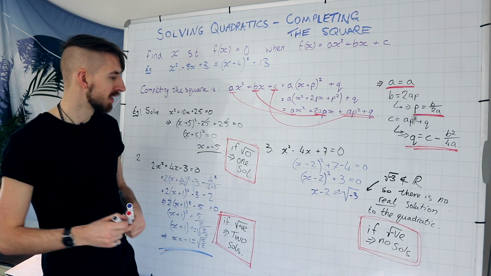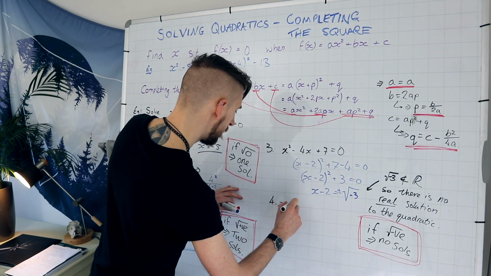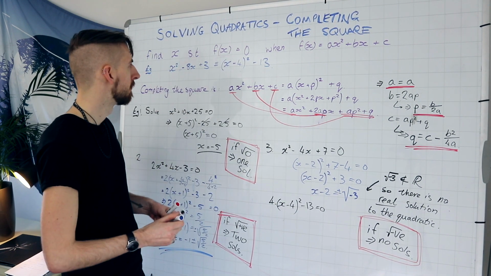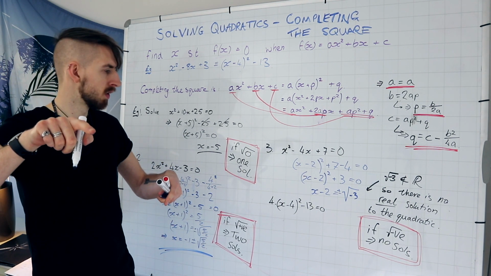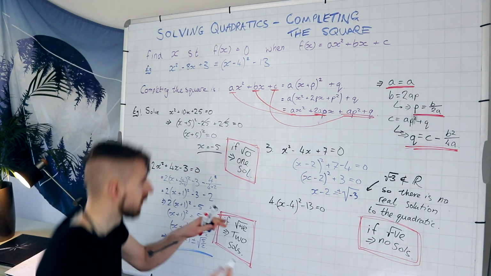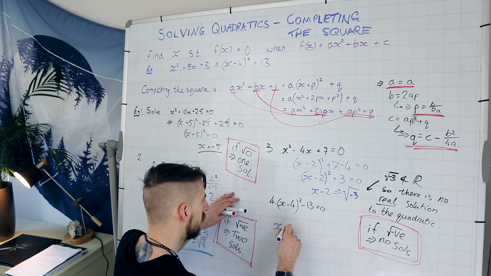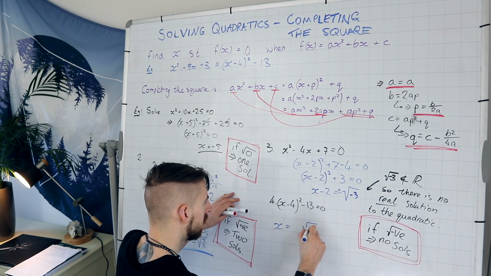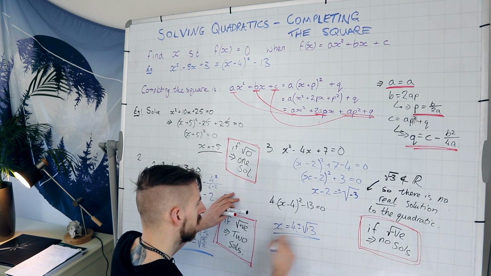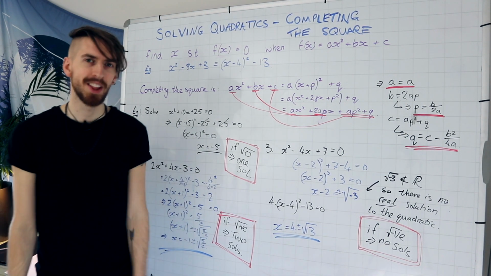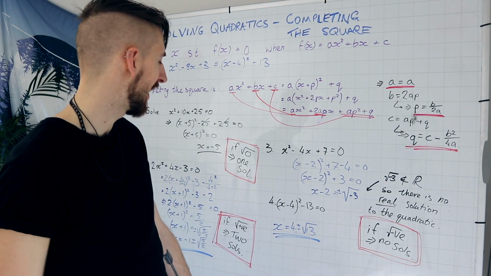So let's just do number 4. Move it over, square root, then add 4, so that's it. You've got 2 solutions right there.